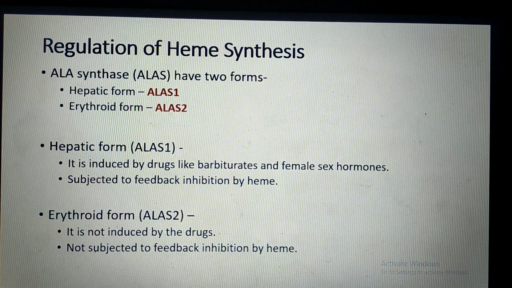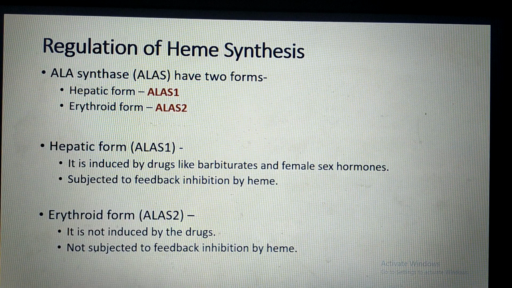In our body, ALA synthase has two forms. The hepatic form is also called ALA synthase 1, and the erythroid form is called ALA synthase 2. The hepatic form is induced, meaning increased synthesis, by drugs like barbiturates and female sex hormones, and this hepatic form is also subjected to inhibition by heme.